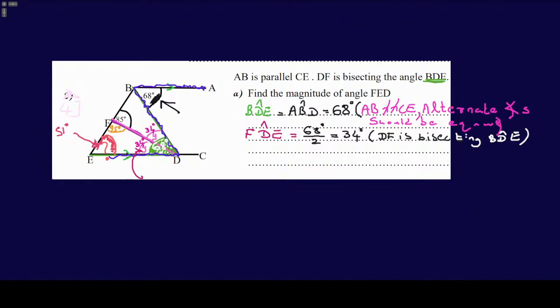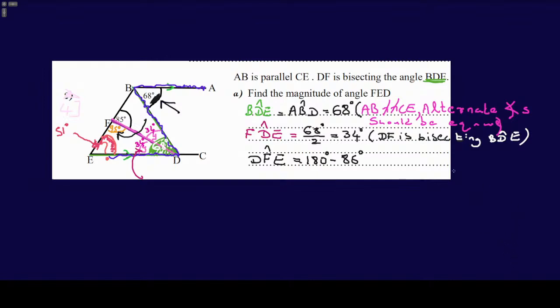After we finding out this to be 34, the next thing we found out was this orange angle here has to be 95. So what's this orange angle's name? That is DFE. DFE equals 180 degrees minus 85.